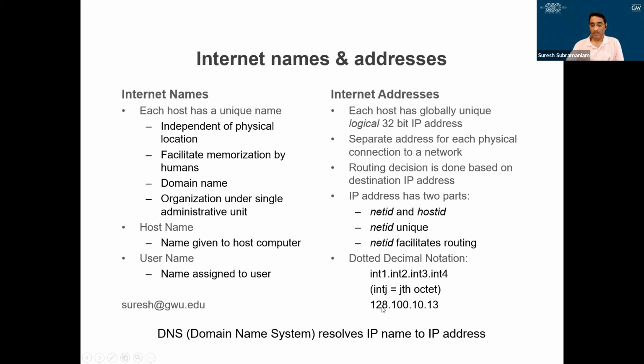128.100.10.13. Okay. What does this mean? Each of these is basically a decimal number between 0 and 255, and that stands for an 8-bit number. Okay, so we know with 8 bits, we can represent any number from 0 to 255.